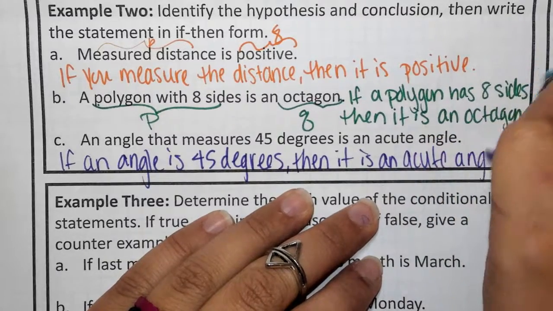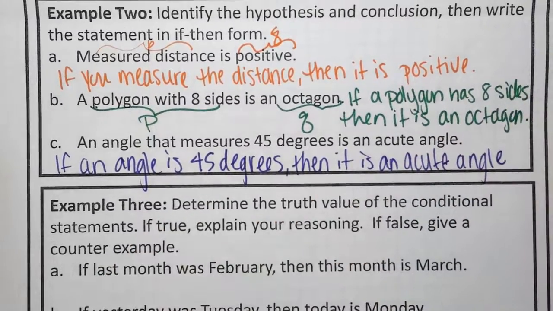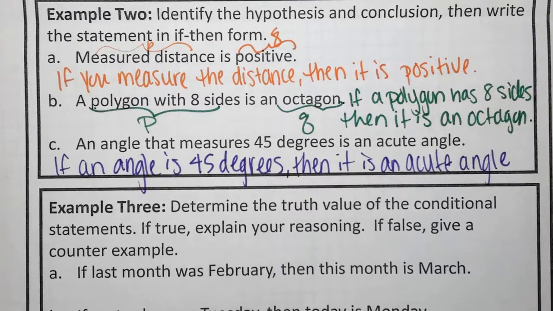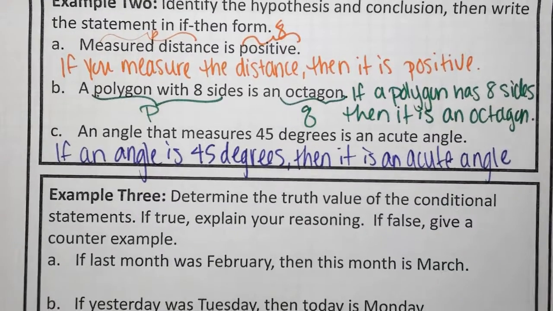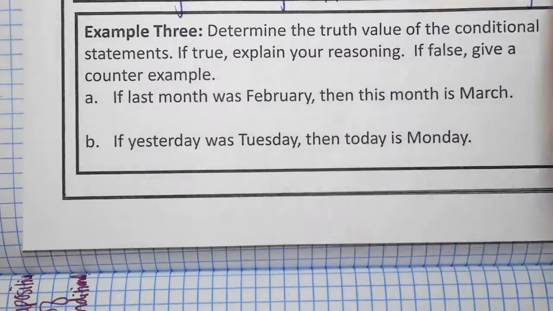Awesome. Do we agree or disagree? Agree. So what was the hypothesis? An angle that measures 45 degrees. And what was the conclusion? An acute angle. Fantastic.